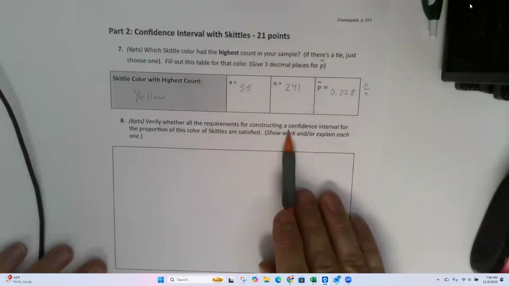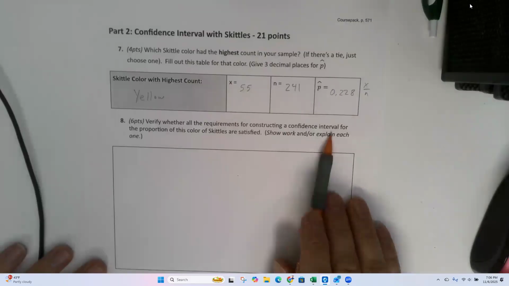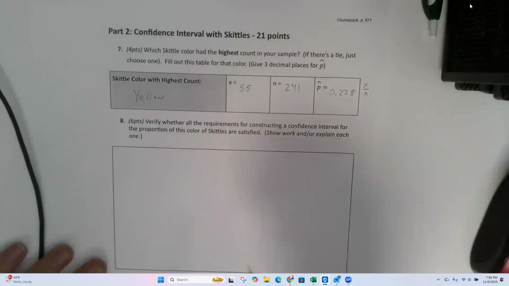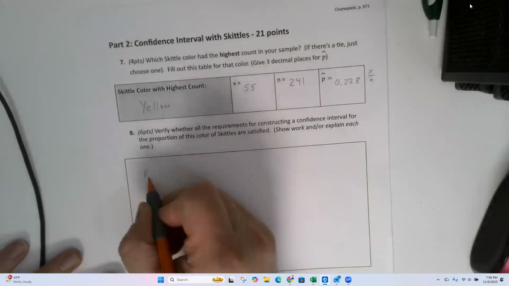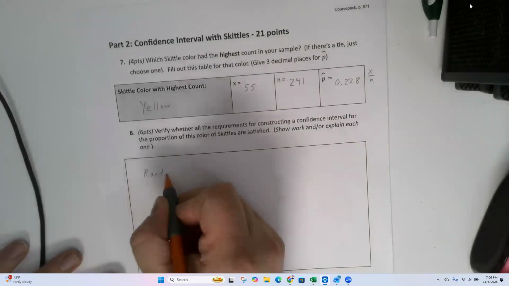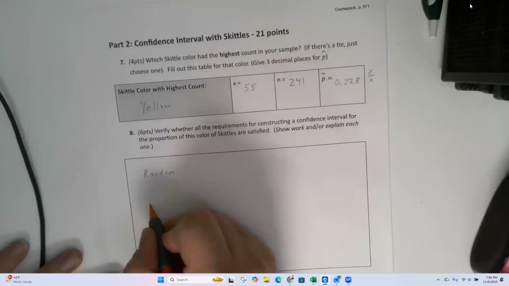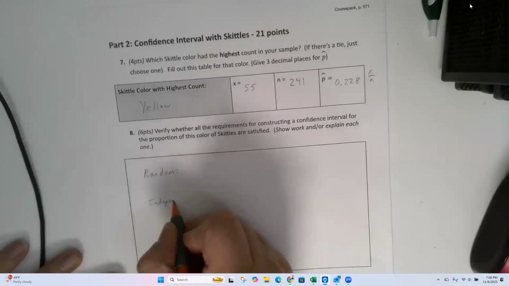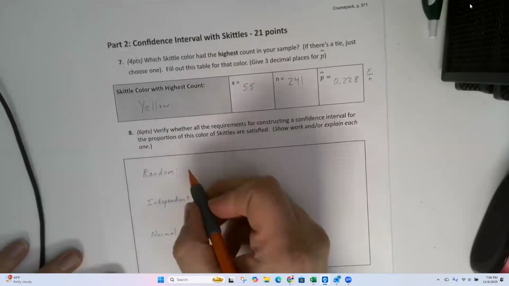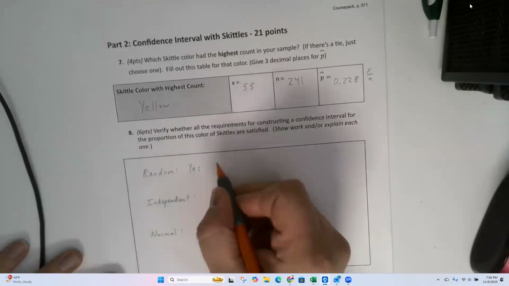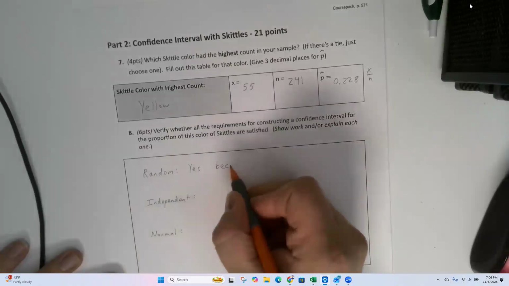Verify whether all the requirements for constructing a confidence interval for the proportion of this color of Skittles are satisfied. So same thing as before. We need to verify that it is random, independent, and normal. Same thing with Skittles.